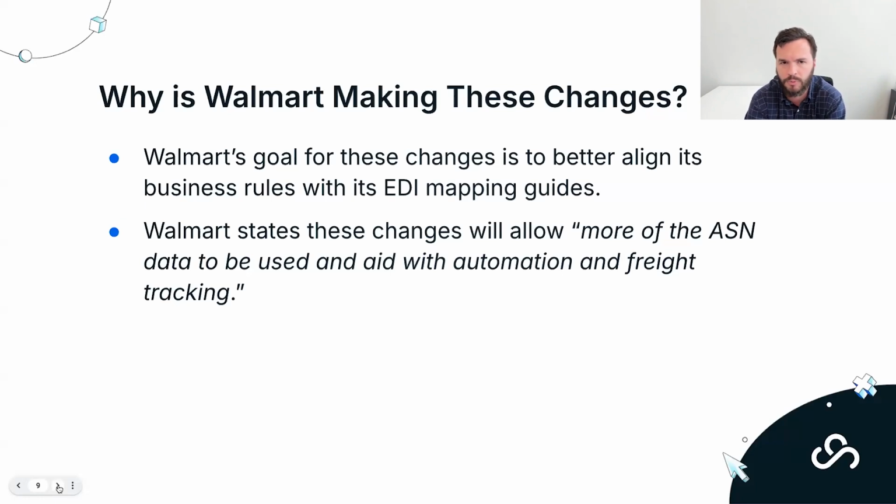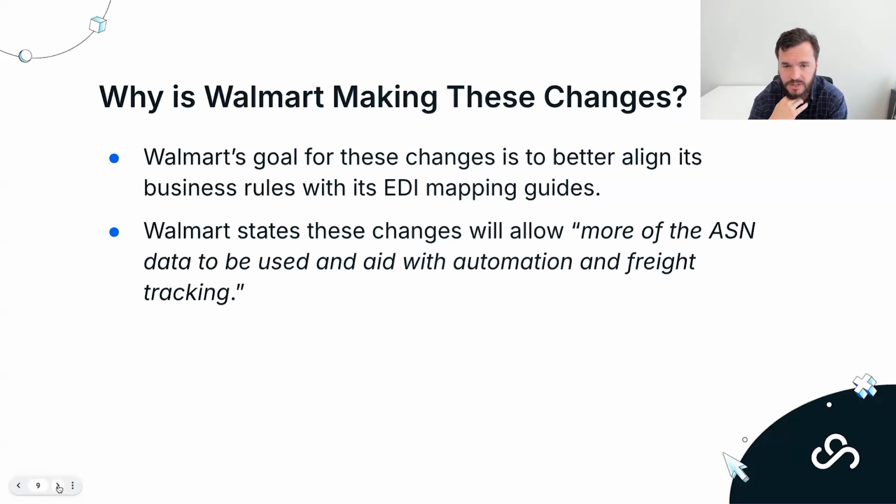The way that Walmart communicated with suppliers about ASN issues was pretty generalized. So a big part of this change is to make that language more specific, to give suppliers a more exact reason for why the ASN is rejected at a certain phase in that process.